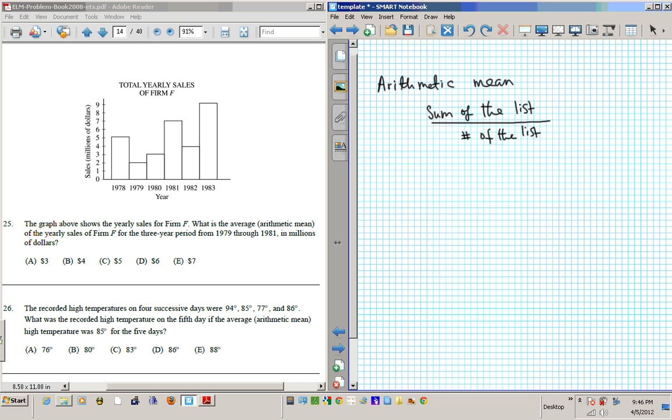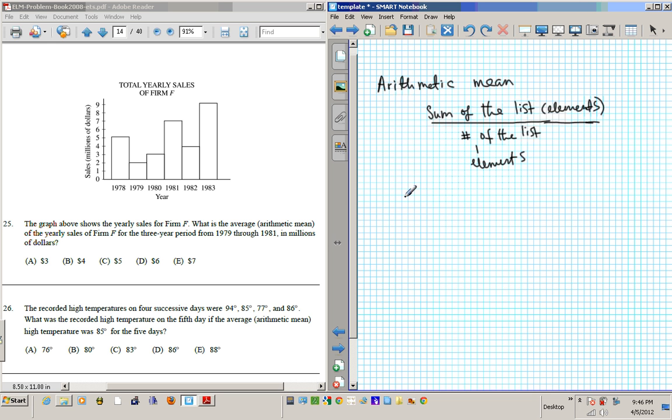Okay, so the sum of elements. If you take the sum of the elements on the list and divide it by the number of elements in the list, that basically gives you the arithmetic mean.